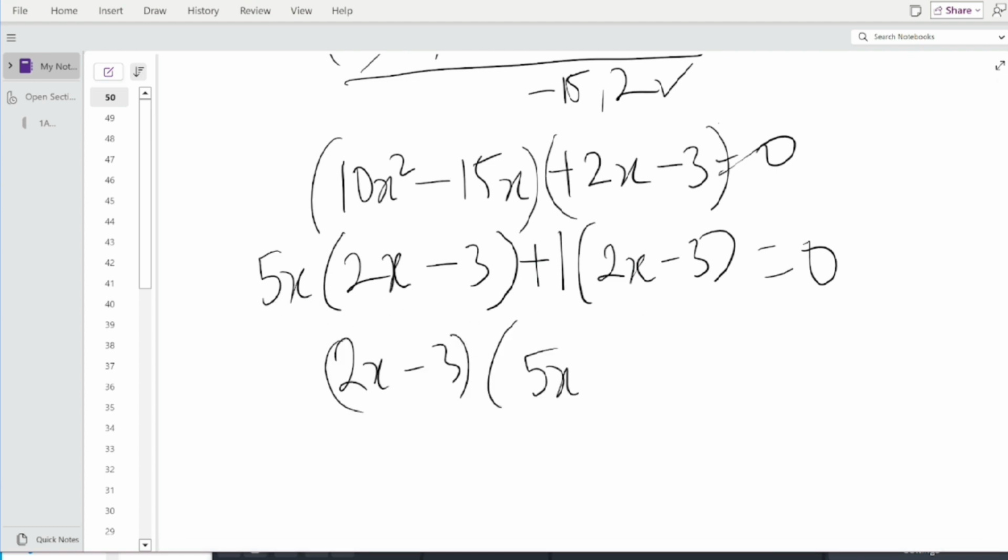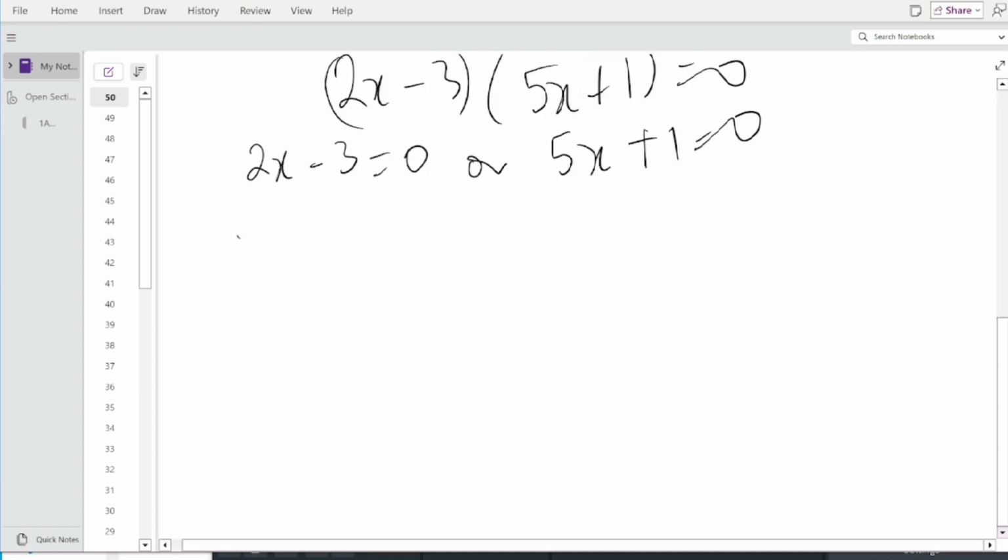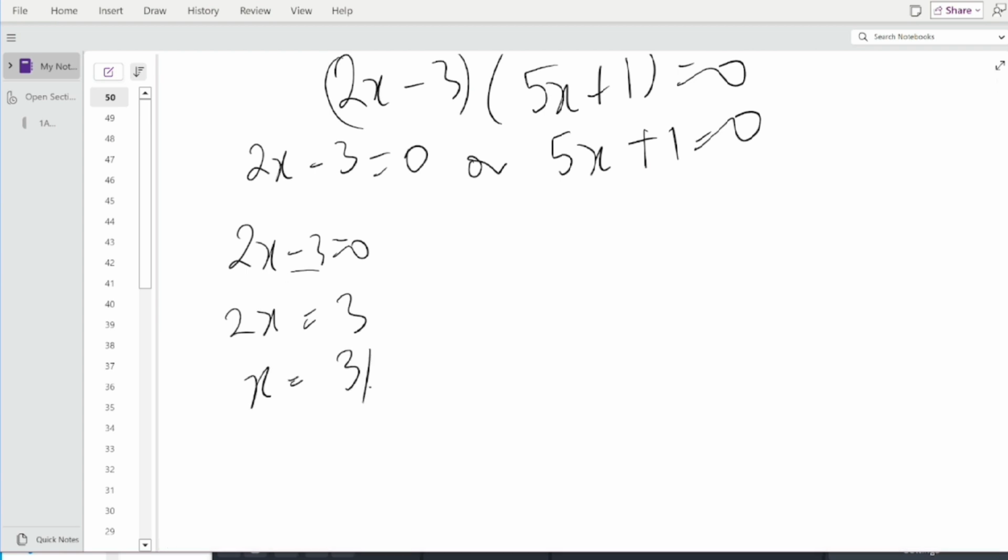So you write 5x plus 1 equals 0. On the next line, you can say 2x minus 3 equals 0, or 5x plus 1 equals 0. We have 2x minus 3 equals 0, so 2x equals 3, as minus 3 crosses the equals sign and turns to plus 3. X is 3 over 2.